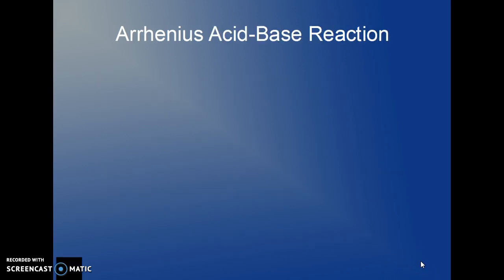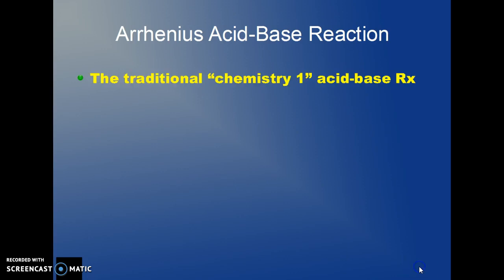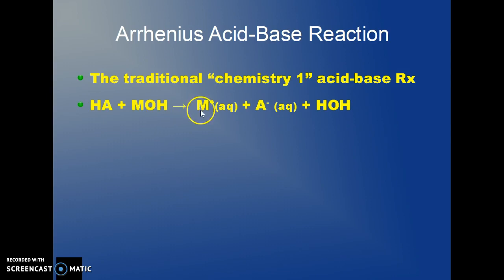The Arrhenius acid-base reaction is quite simple. It's the traditional chemistry 1 acid-base reaction that you studied. Some acid, here symbolized as HA, reacts with some base, here MOH, to form the M plus ion, could be 2 plus, 3 plus, it doesn't matter, plus the negative anion, and water.